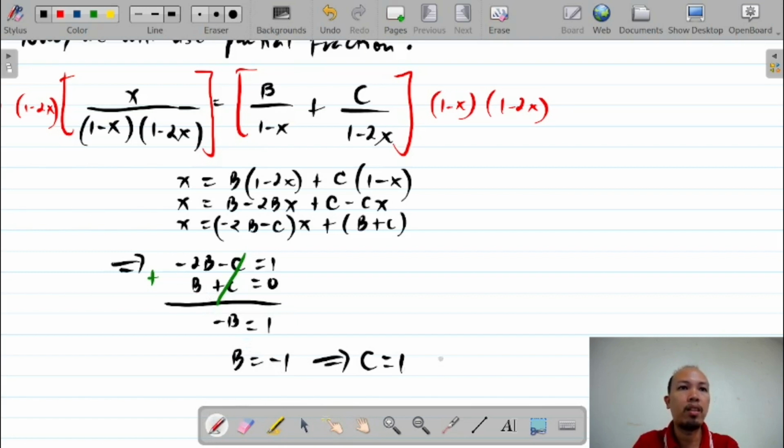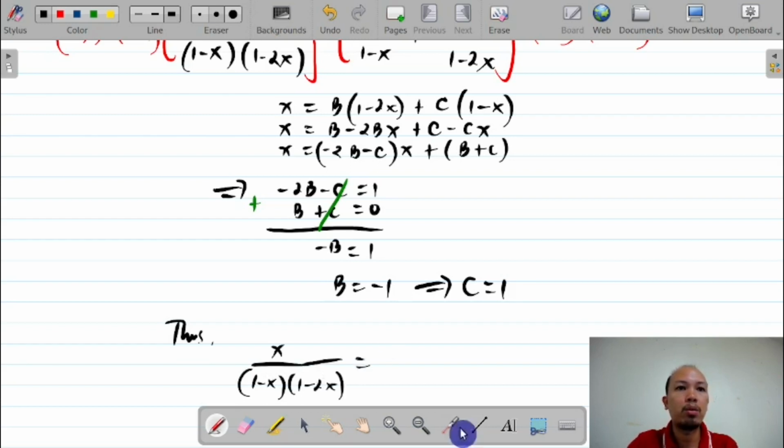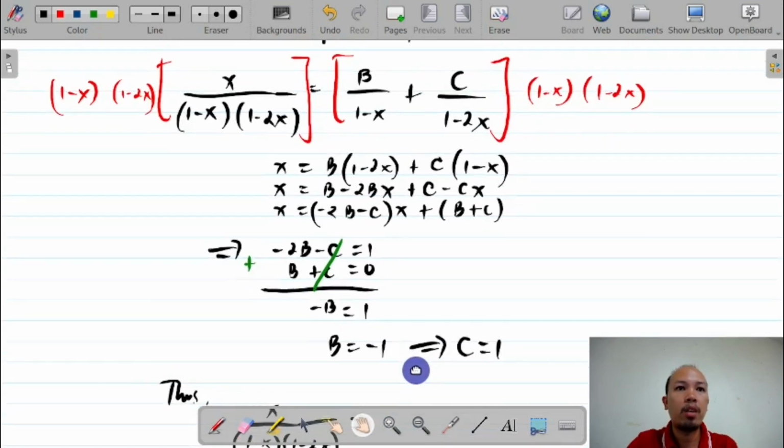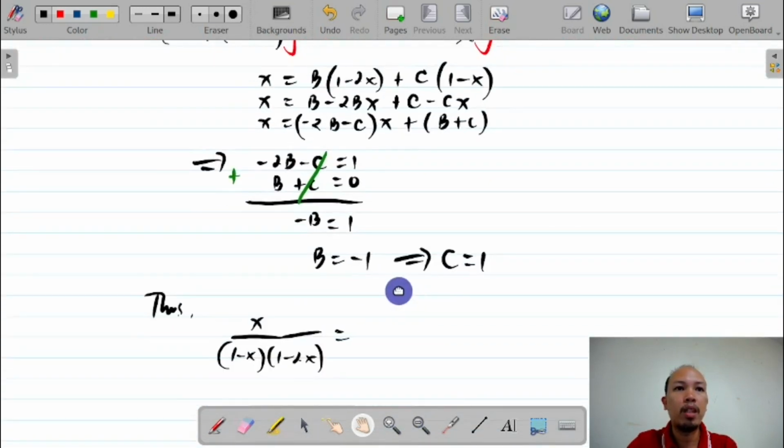Therefore, we have x over 1 minus x, 1 minus 2x is equal to, our b is negative 1, so let's write this one first, so that we have a positive in the first term: 1 over 1 minus 2x minus 1 over 1 minus x.